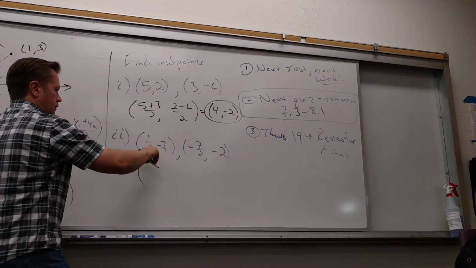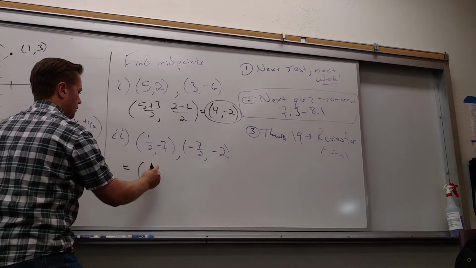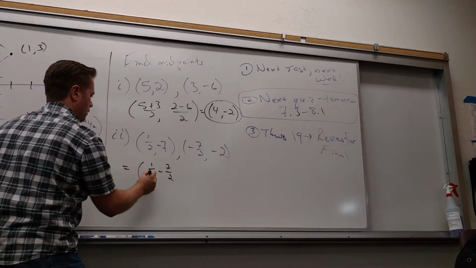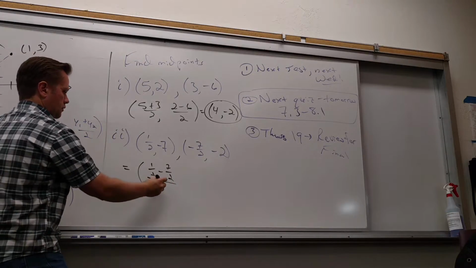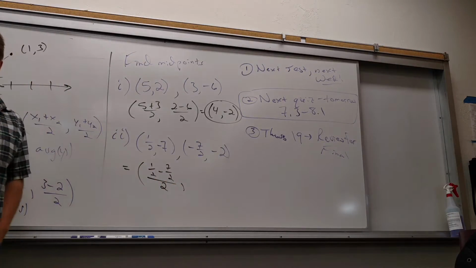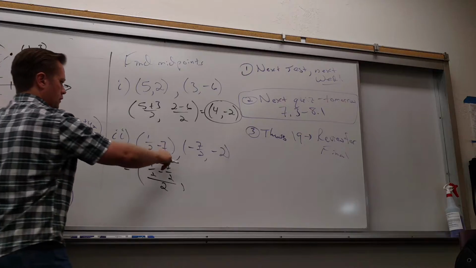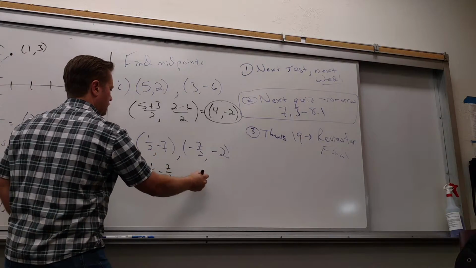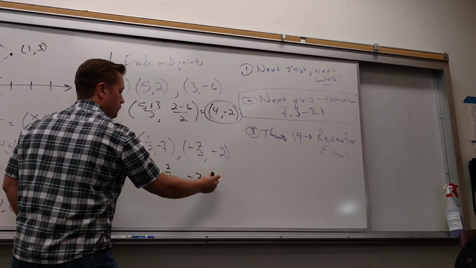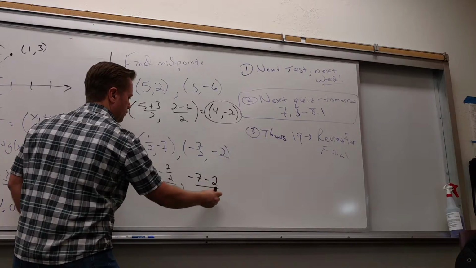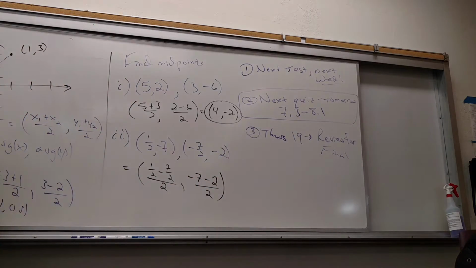So this one would be 1/2 minus, divided by 2. That's the average of those, right? Okay, so -6 over 2. And then -7, minus 2 divided by 2. Okay, stop there.